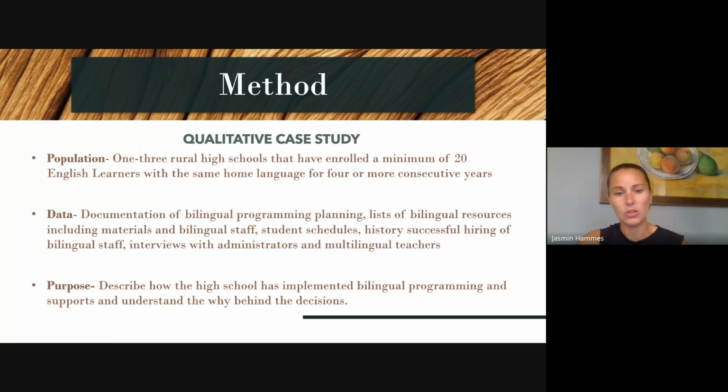And lastly, I'd also like to interview administrators and multilingual teachers to learn about their perspective of how to best support their English learners through bilingual programming and supports. And the purpose of this qualitative case study would be to describe how the rural high school has implemented bilingual programming and supports, and to understand the why behind their decisions.